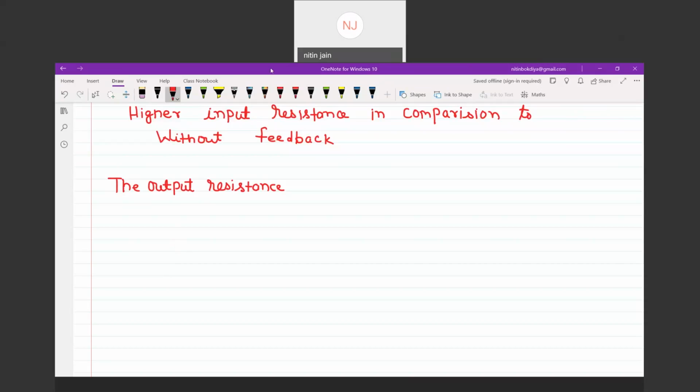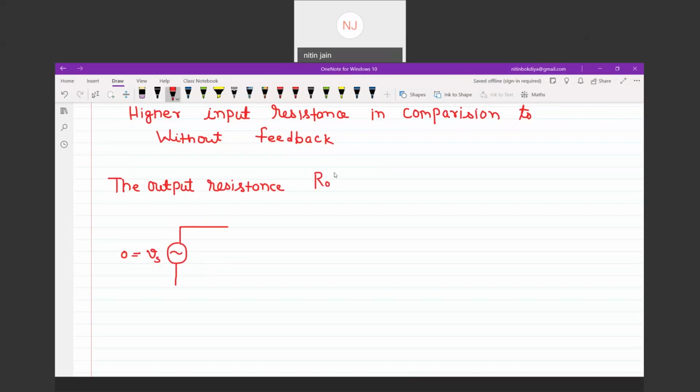So this is our circuit. This is Vs and I am setting this to 0, because what is output resistance?